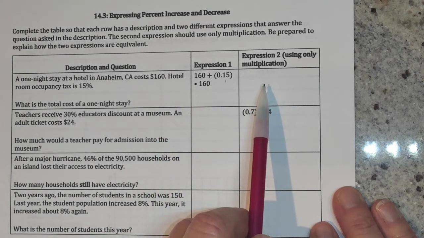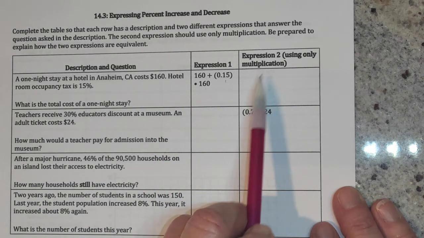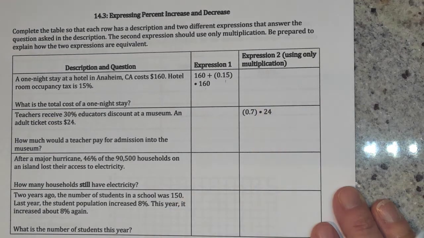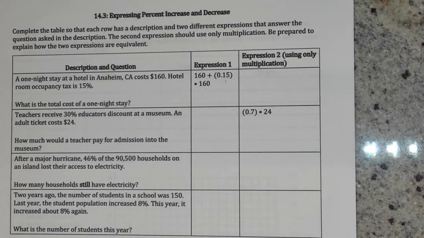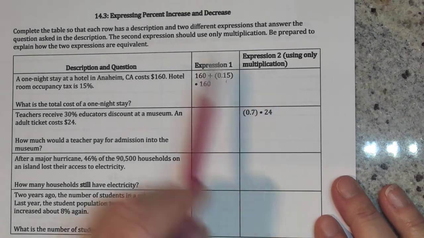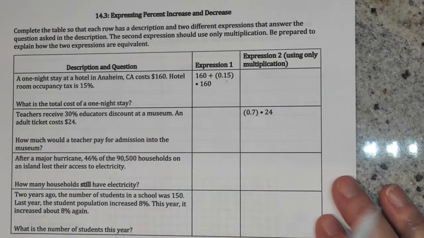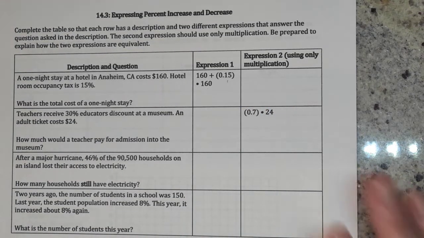What I'm going to challenge you to do is write expression number 2. You're only going to use multiplication. So it's going to be a very efficient expression to use to calculate the percent increase or decrease. So I'd like you to try number 1 on your own.